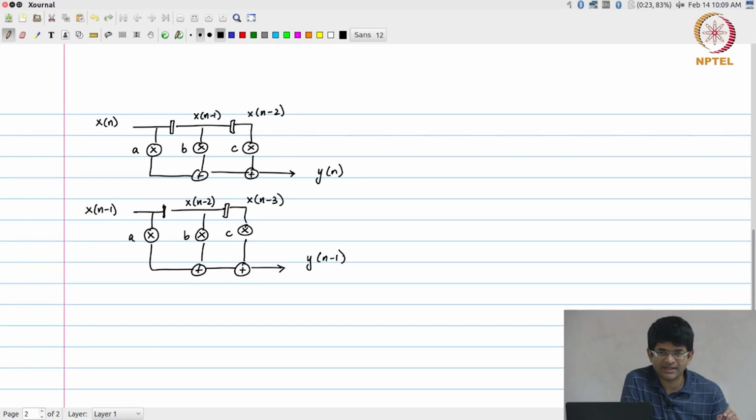At the next time instant, I will assume that I am essentially going to shift through 2 steps of the shift registers, so that after this, the next one that goes in over here is x of n plus 2 and x of n plus 1. But in order for these intermediate values to be generated correctly, I will effectively have to shift 2 values through the register.